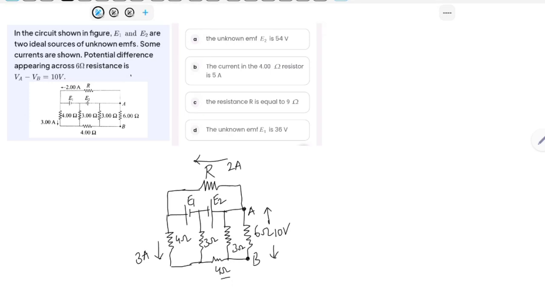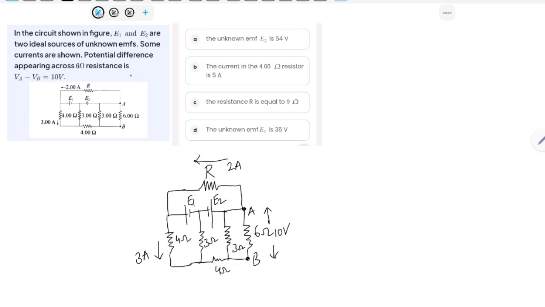In order to know that, here the voltage across AB is given as 10 volts, so we find the current through 4 ohms. I'm just considering these two, 6 ohm and 3 ohm, as parallel. If you replace them with a single resistor, the nodes will not be removed. Therefore, the circuit can be redrawn like this.